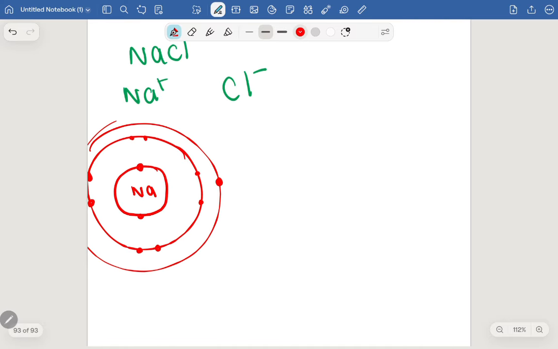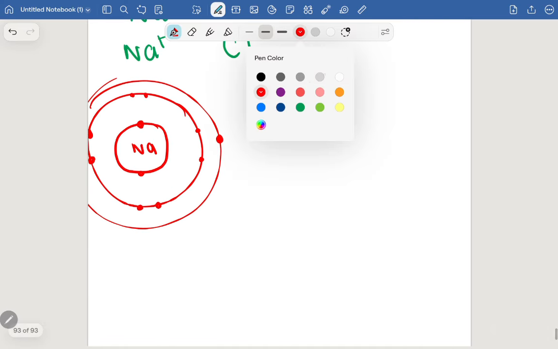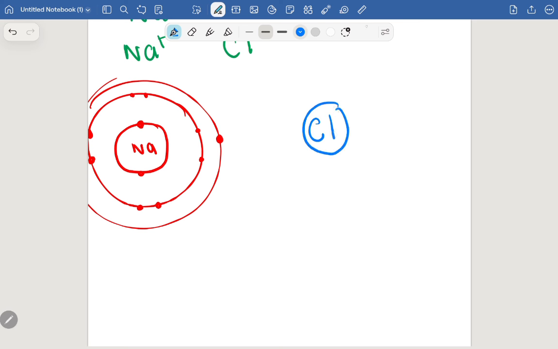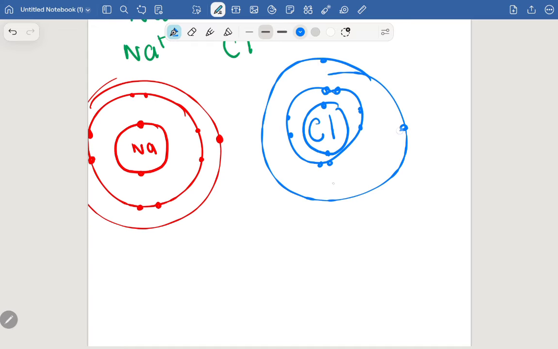So this is the configuration of Na. Now for Cl, it would look like this, the atom. Right, and then last but not least, we have 1, 2, 3, 4, 5, 6, and 7.